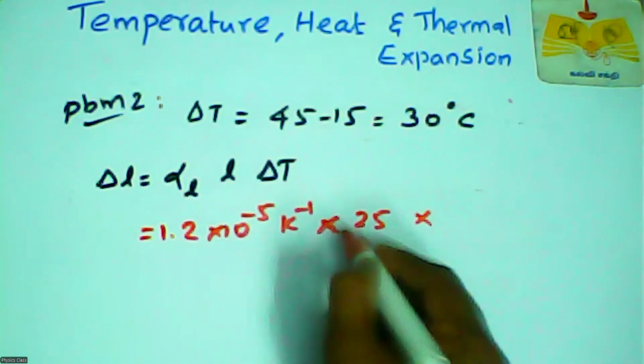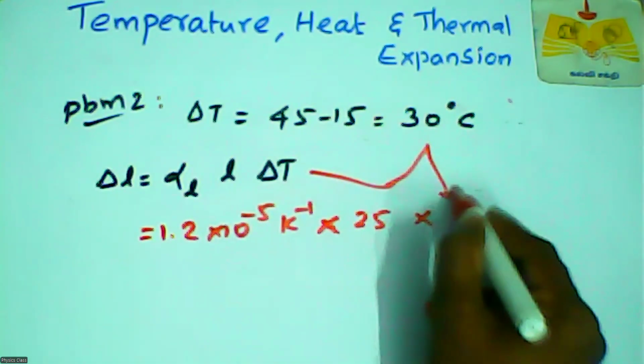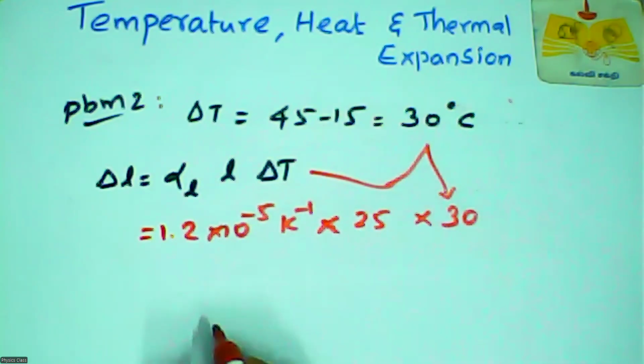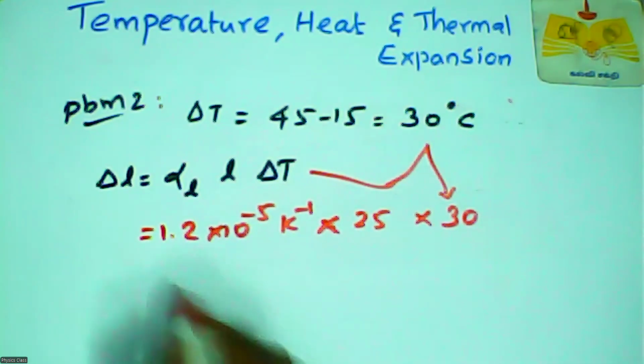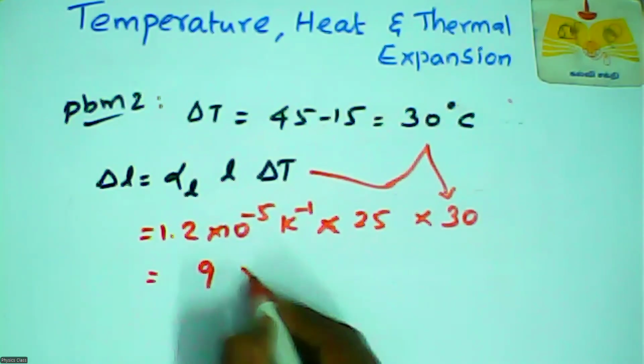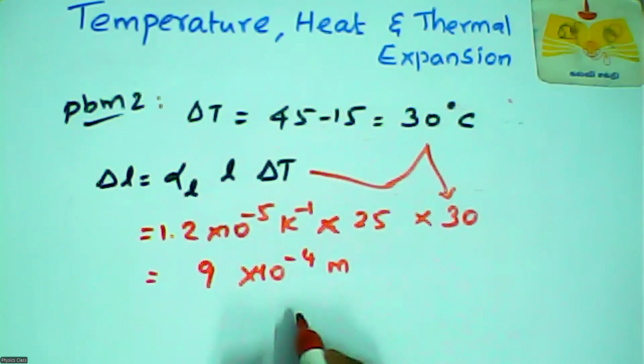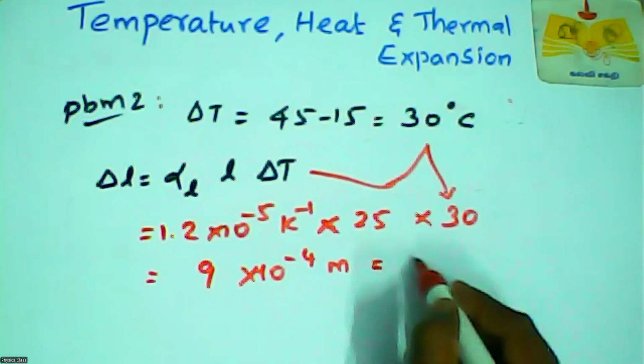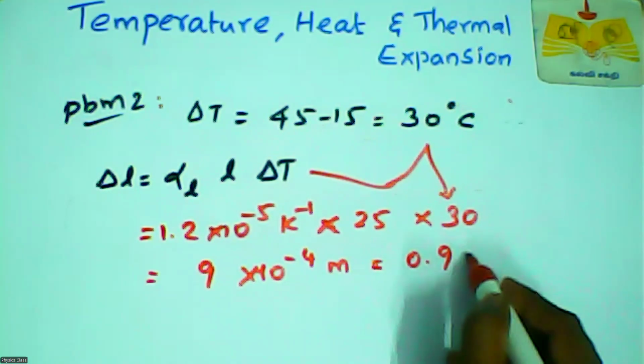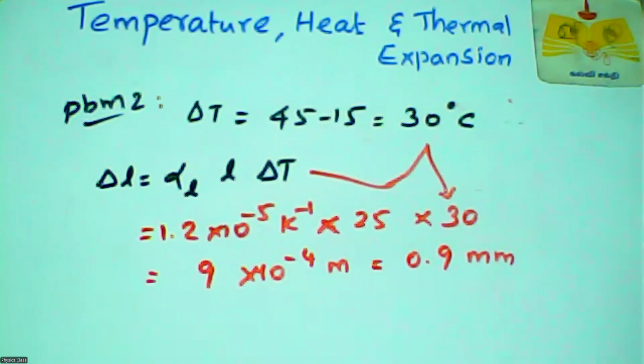And finally, del T, 30 degrees Celsius. Clear? So you will get 9 into 10 power minus 4 meters, which is also known as 0.9 millimeter.